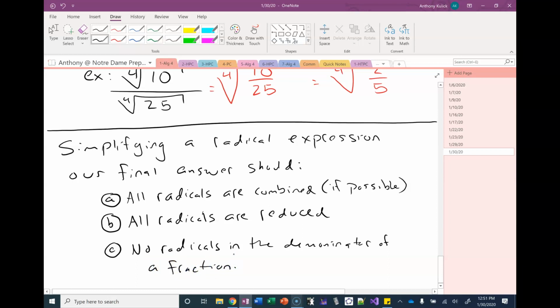And then we don't have any radicals in the denominator of a fraction.